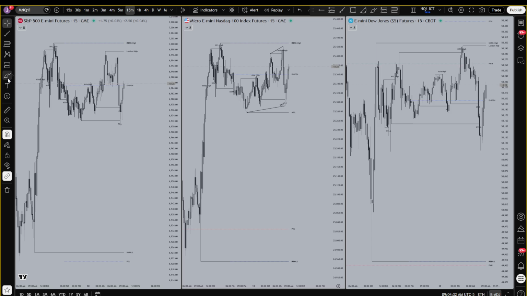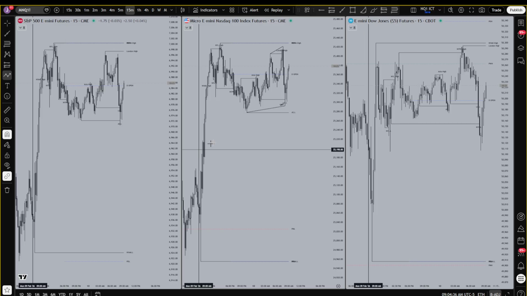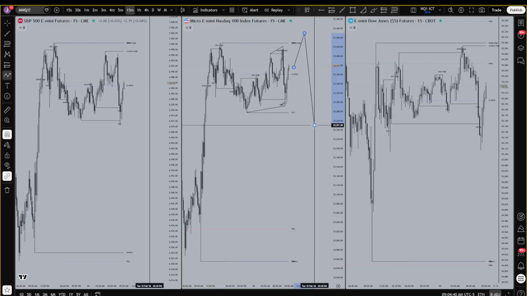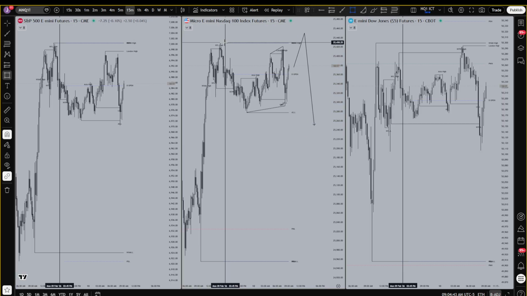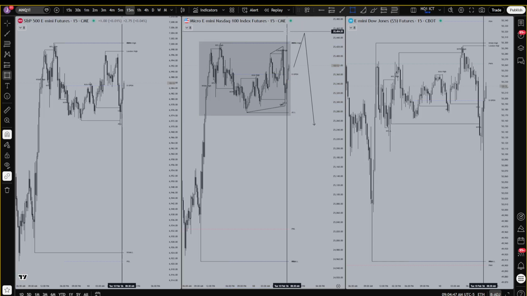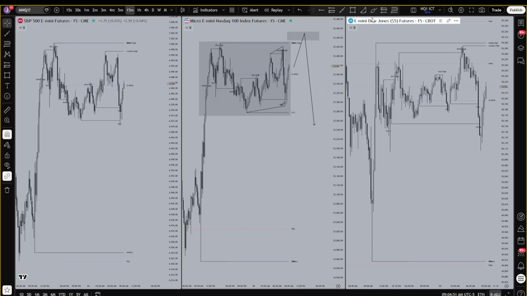Maybe something like this. We'll see. This would be a perfect AMD setup. So accumulation phase, then we have our manipulation phase at our point of interest, which would be previous day high.